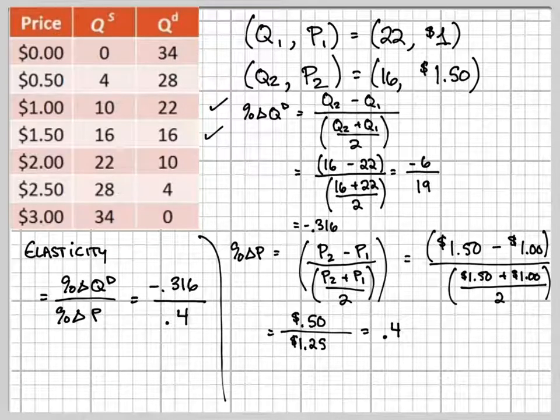Or negative 0.79. But we dropped the negative, so we just write this as 0.79.